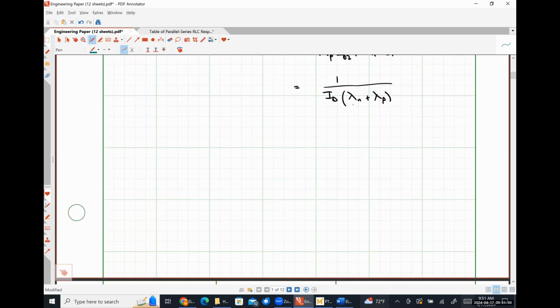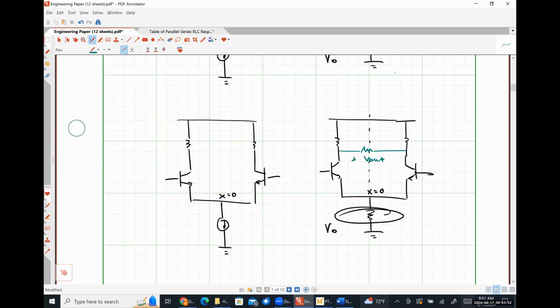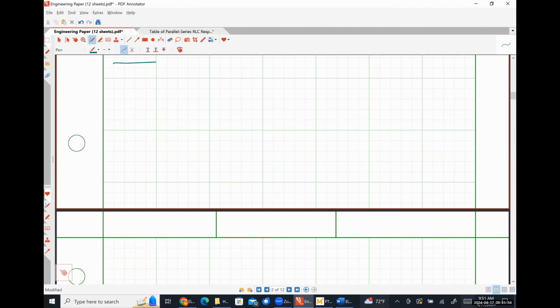So let me draw something here. So you have some voltage source, and then you have an inductor, and then a capacitor, and then I think you said another inductor.